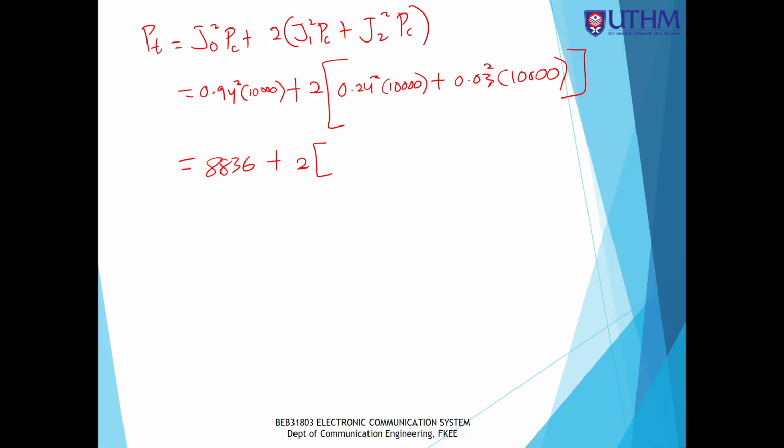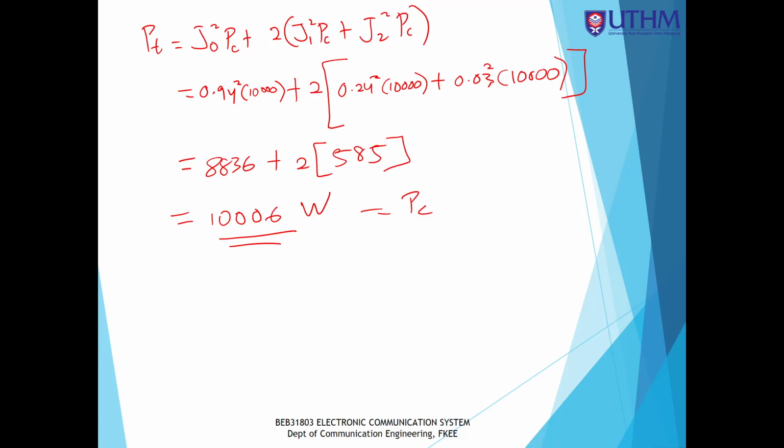So 5858.5 times 2 plus 8836. So we get 10,006, or about 10 kilowatt, which is actually equal to PC.